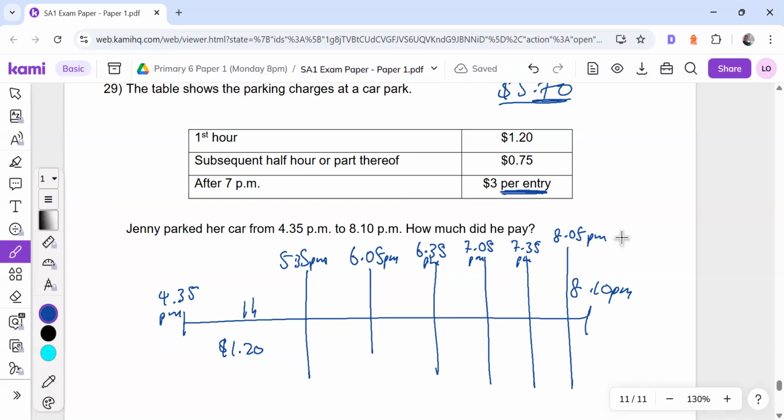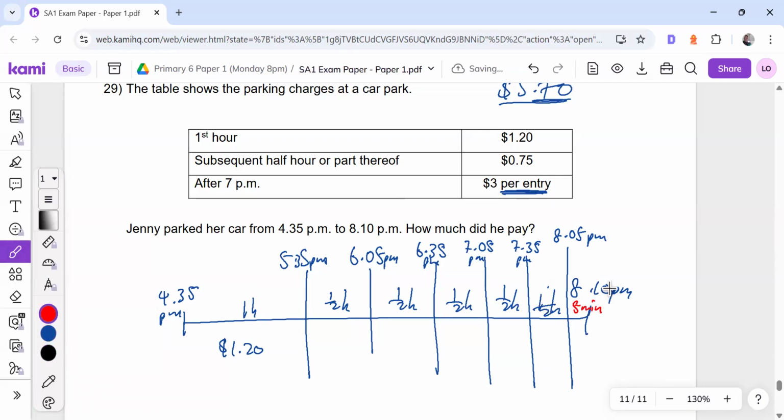So that's why you have a line method to cut. But later on in paper 2, you find that there are too many parts to cut. Then you need to use your method called grouping method. So half an hour, half an hour, half an hour, half an hour, half an hour, and this is your part thereof, which is 5 minutes.